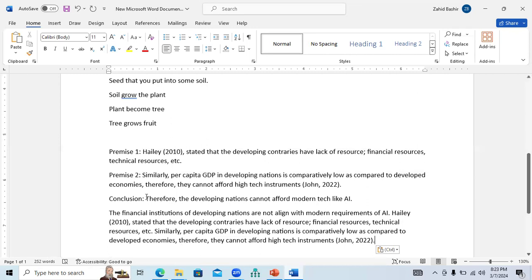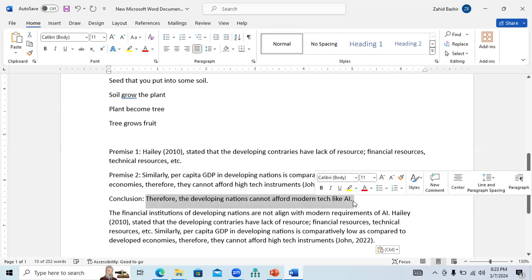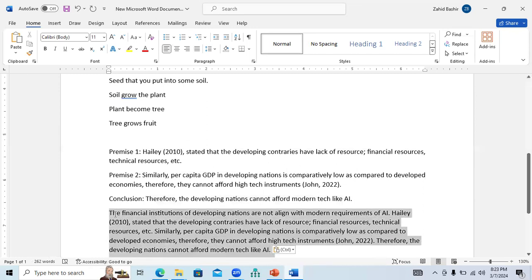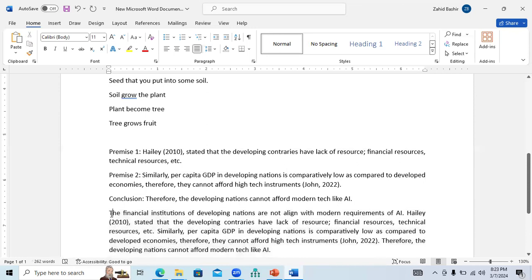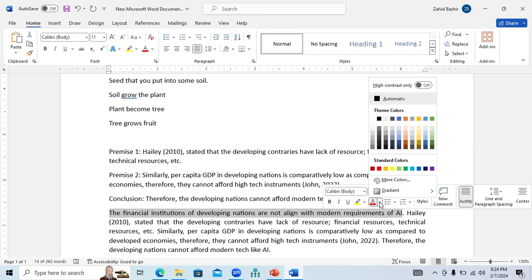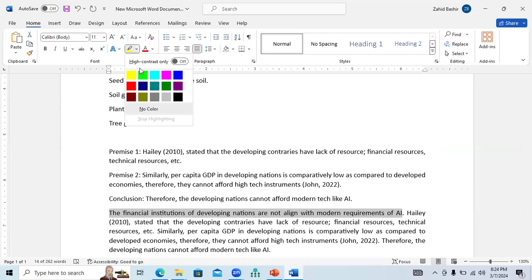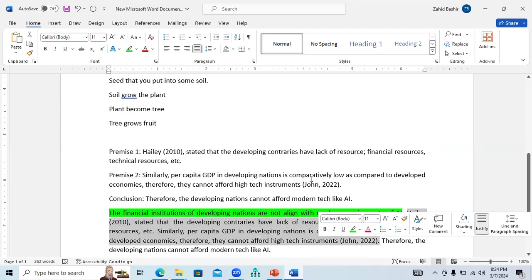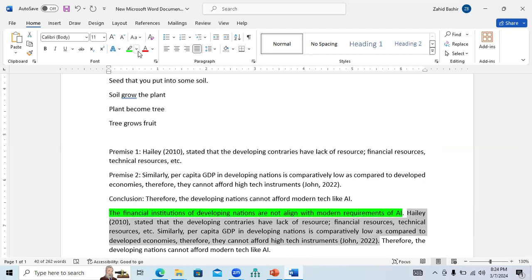And then I need to put my conclusion here. Now it has become an argument. The first line is the claim that I need to prove, and I provided a lot of references in support of this claim. The second is basically the evidence from previous studies. You can also provide the evidence in terms of fact and figure in order to prove your claim.